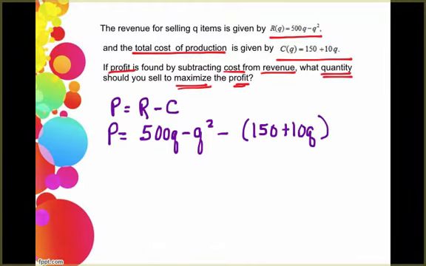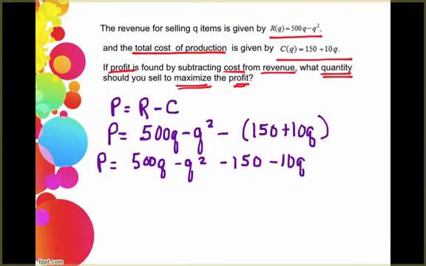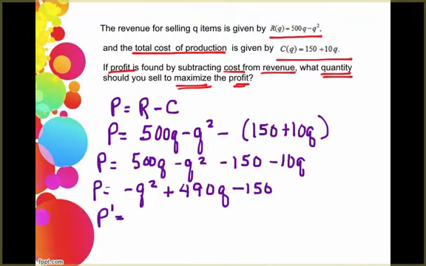So then I can go ahead and subtract and simplify and get that I'm going to have 500Q minus Q squared minus 150 minus 10Q, or negative Q squared plus 490Q minus 150.